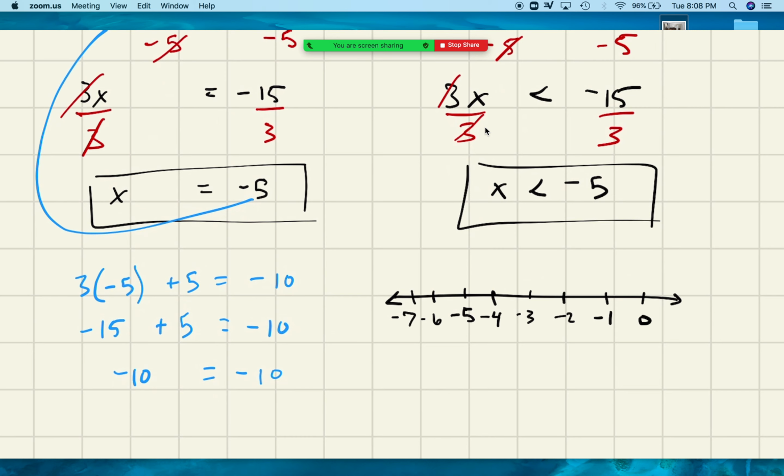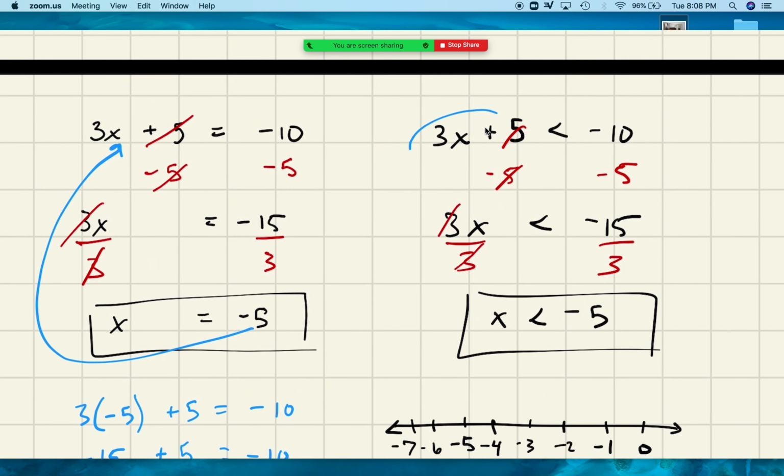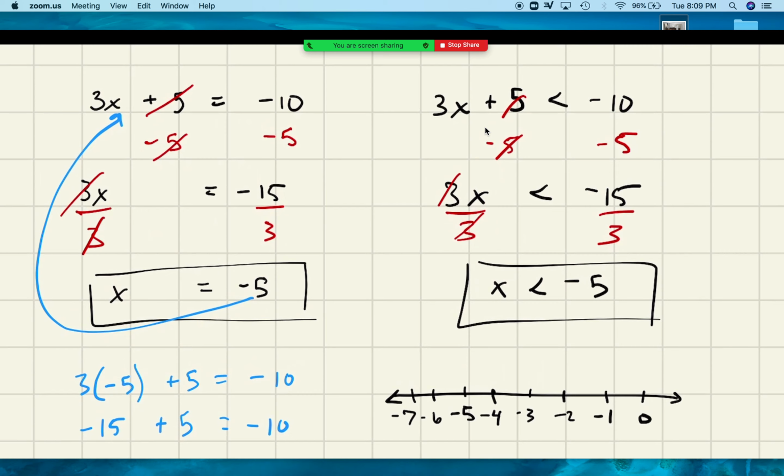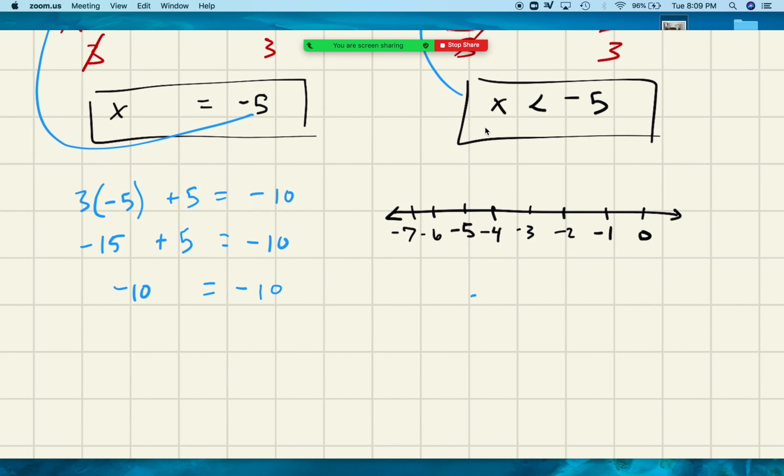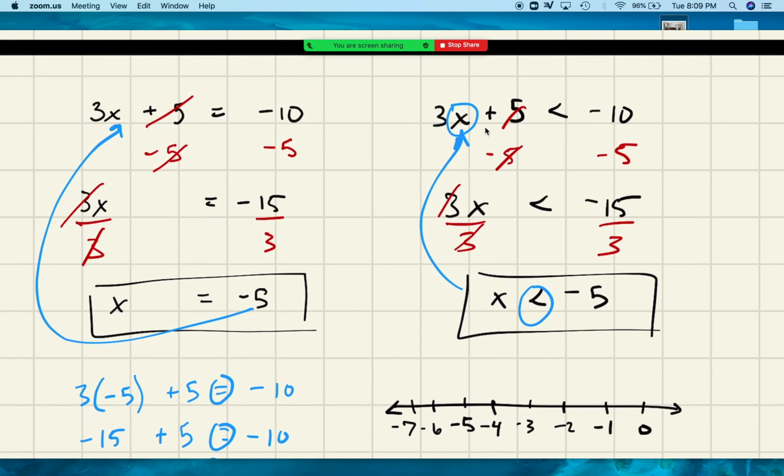If I plug in exactly negative 5 to this, I get a false statement. If I plugged in the negative 5 to this x, I would still get negative 10, just like I did here, right? Does that make sense to you? Yeah. However, this won't be an equal sign. It'll be a less than sign.